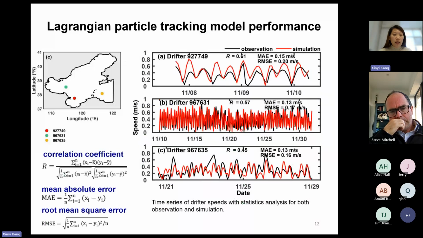Moreover, we also applied several basic statistical parameters such as correlation coefficient, mean absolute error, and root mean squared error to appraise model performance for drifter speed, and also for the drifter speed UV components.